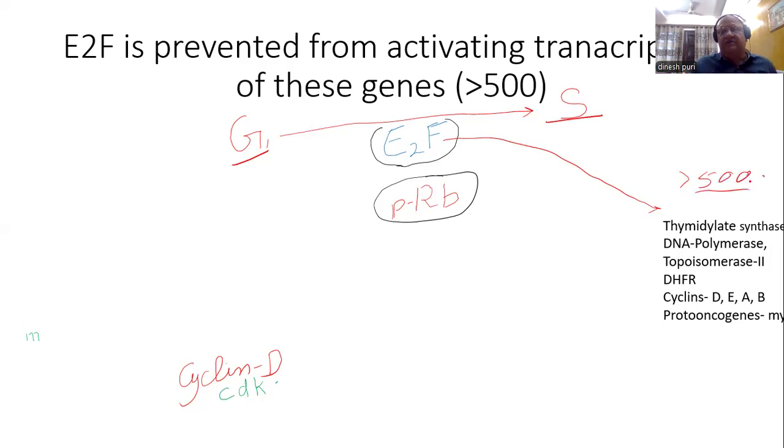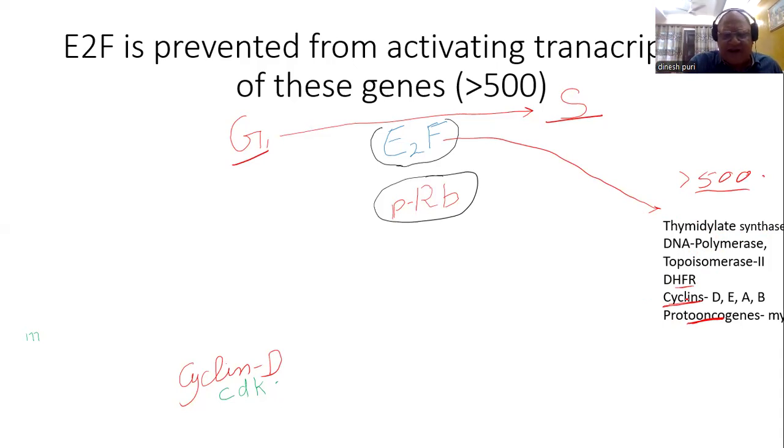These proteins are responsible for crossing the G1 checkpoint. You are familiar with some of the names: thymidylate synthase, DNA polymerase, topoisomerase, dihydrofolate reductase, and most importantly, I would say, cyclins, and some proto-oncogenes also. Most of them are concerned with crossing the G1 checkpoint.